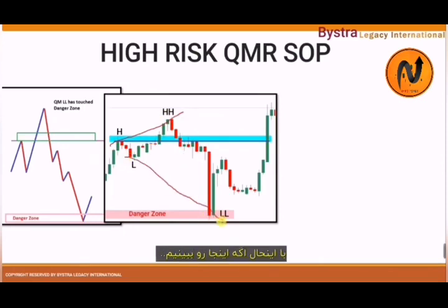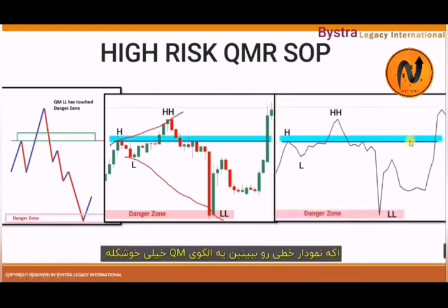However, as we can see here, the lower low has already touched the danger zone. Therefore, the risk of this QMR has become super high, even though this QM pattern is very beautiful. If you look at the line chart, it is a very beautiful QM pattern, but once it touches the danger zone, it's considered a very high risk SOP, and we want to avoid this kind of QM pattern.